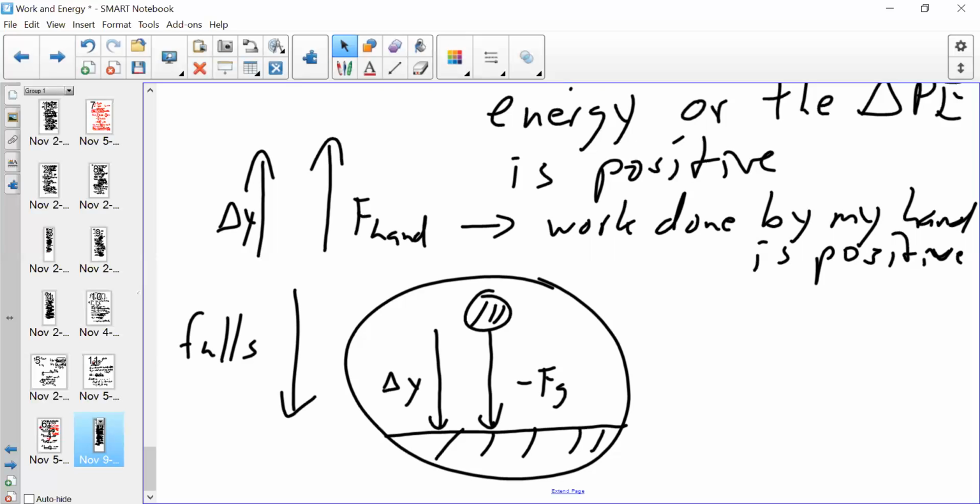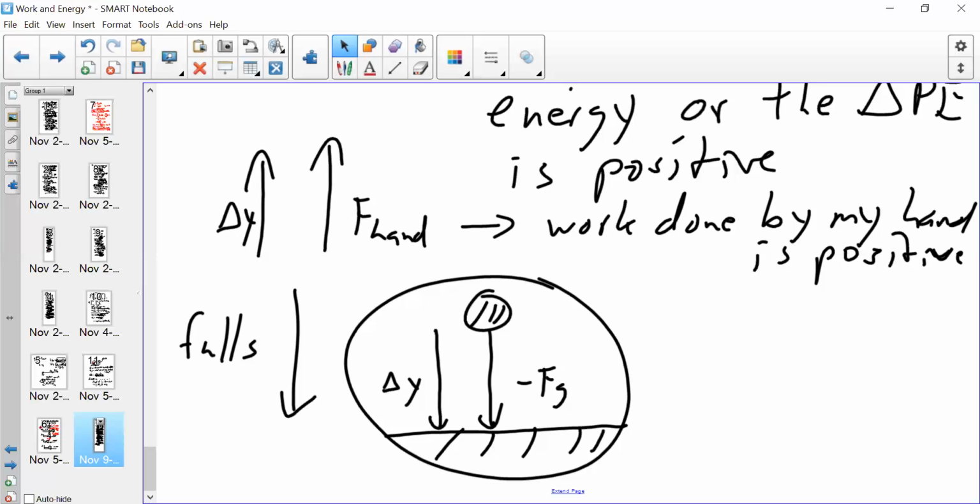We're going from a high potential to a low potential. So even though the work is positive by the force of gravity, that amounts to a negative change of potential.